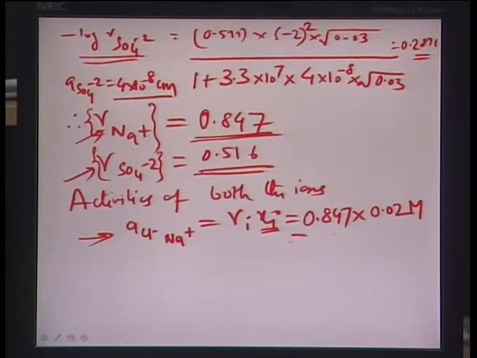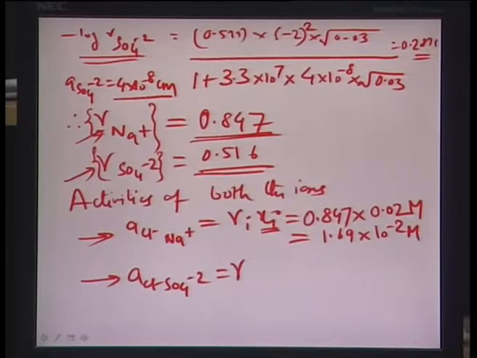So, the activity in this case is only about 1.69 times 10 to the power of -2 molar. In case of SO4, the activity of SO4 -2 is gamma SO4 -2 times the concentration of SO4 -2, which is 0.516 from above times 0.01 molar.